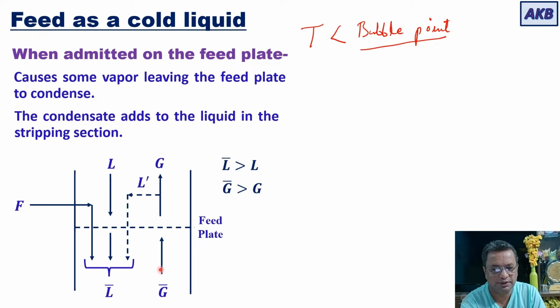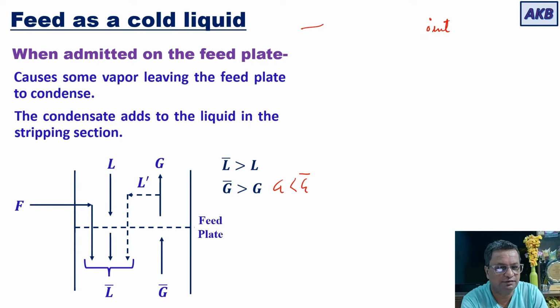Whatever vapor comes from the stripping section, some of it is getting condensed. That's why G bar will be greater than G, or you can write it like G is less than G bar. Okay, so I hope the relationships between L bar and L, and G bar and G, are clear to you. Okay, so let me first erase what I have written so that we continue our discussion.